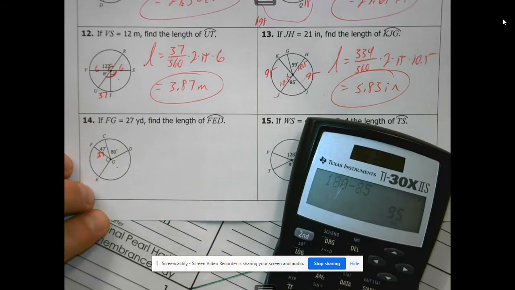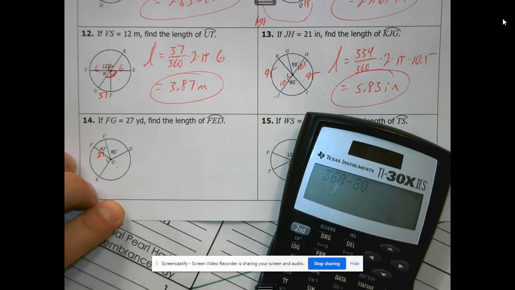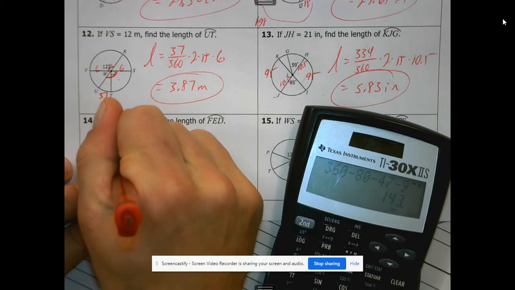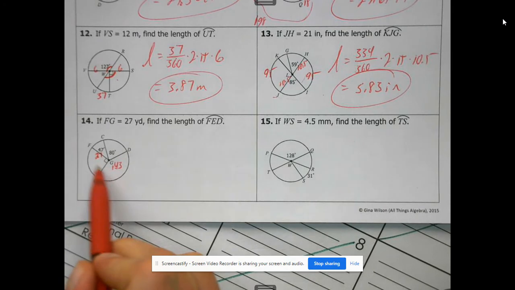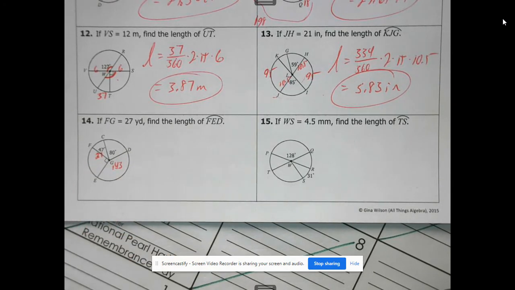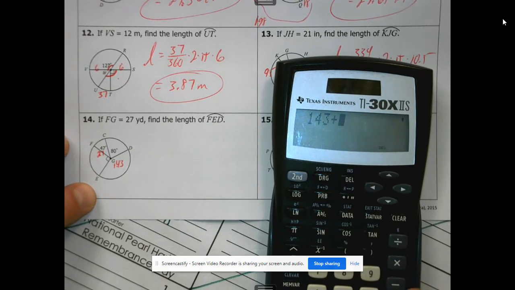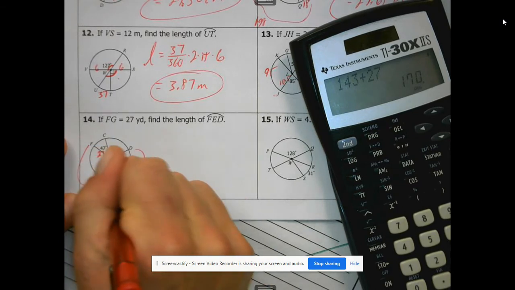So 360 minus the 80 minus the 47 minus the 90, 143. All right, so then from F to E to D, if I add these two up right here, that gives me 233. Or let's figure it out. 27, 143 plus 27, 170. So F to E to D is 127.